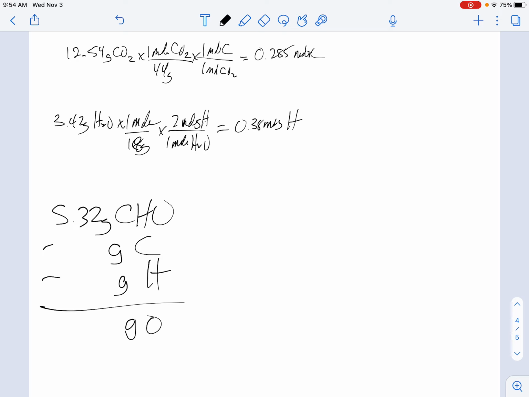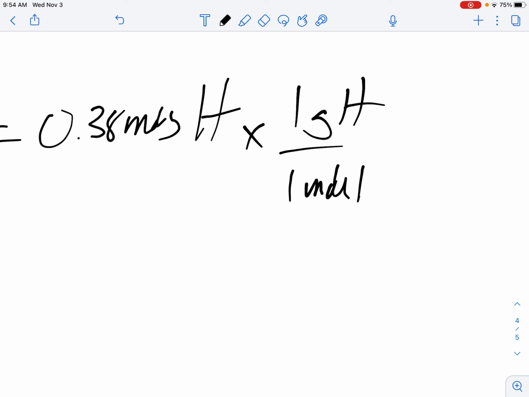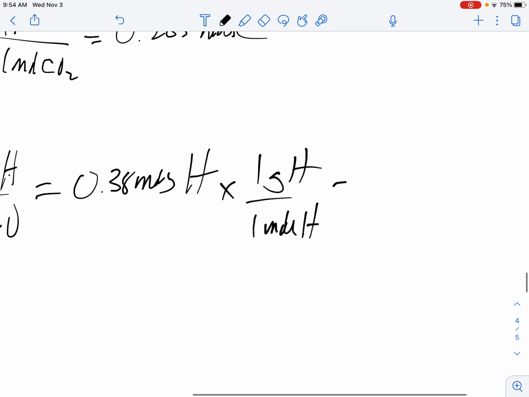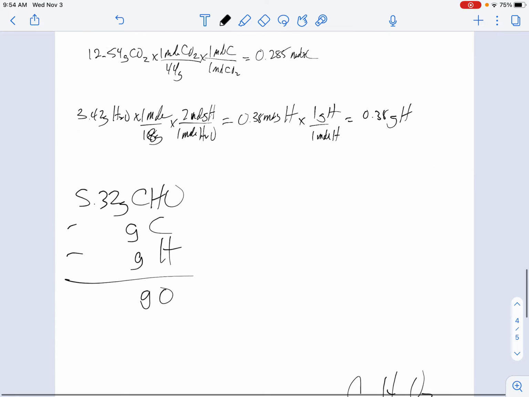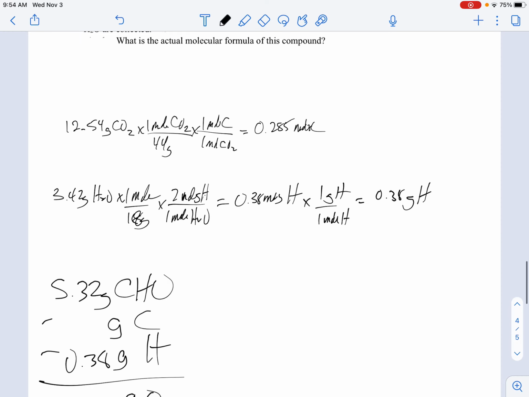Well, the hydrogen's easy because it weighs 1. So that's 1 gram of hydrogen for every 1 mole of hydrogen, which is 0.38 grams of hydrogen. So I'm going to subtract out the 0.38.